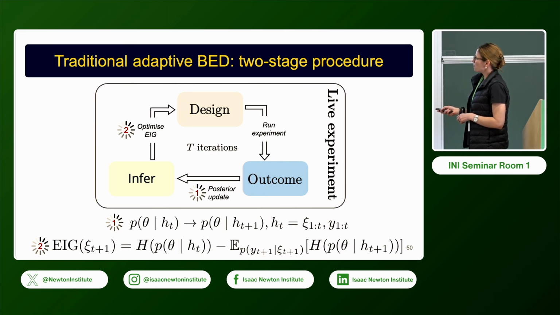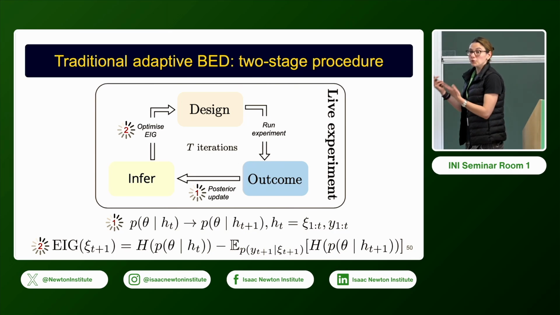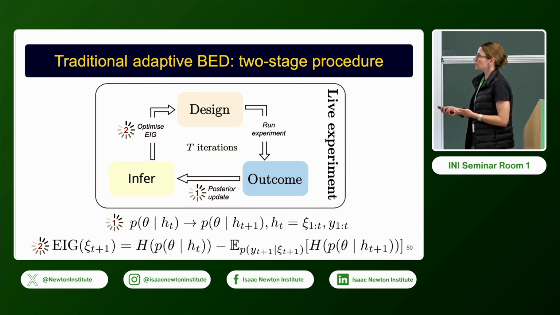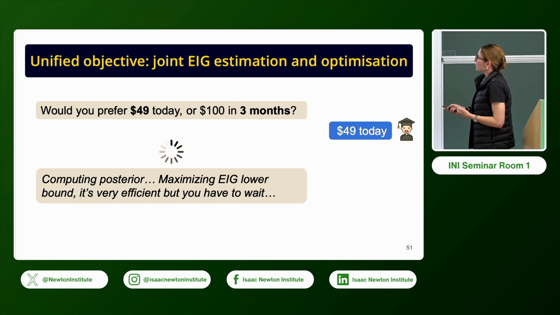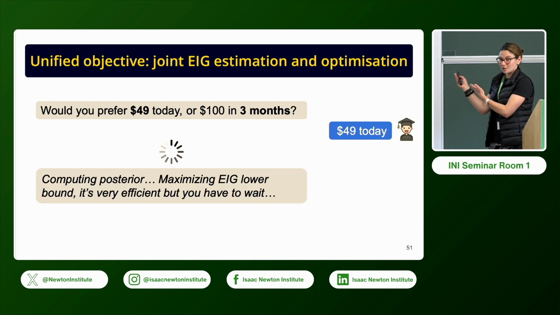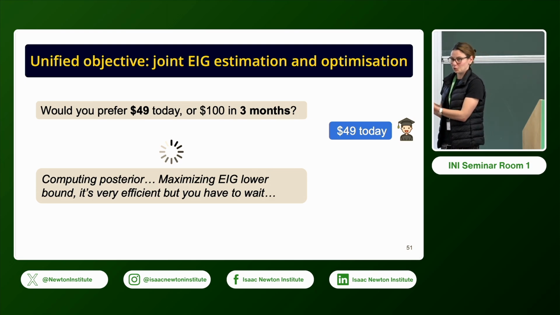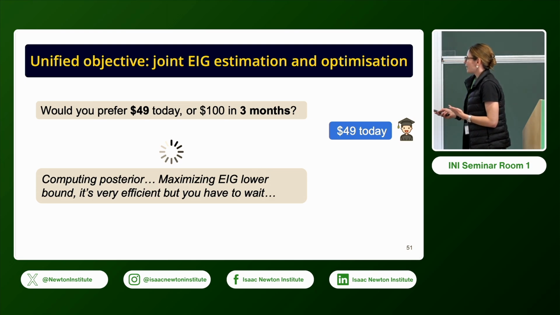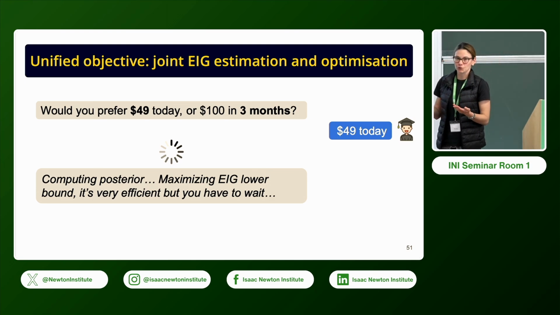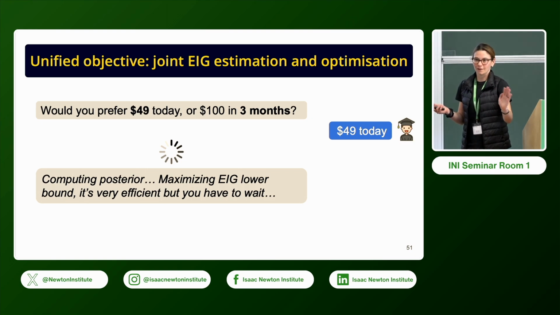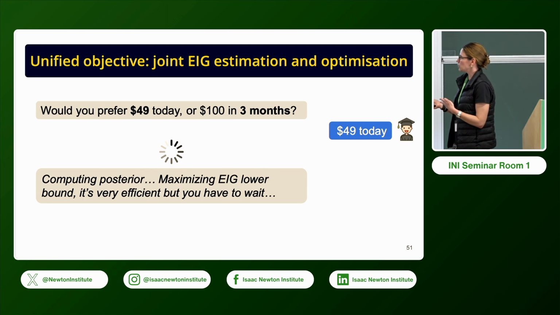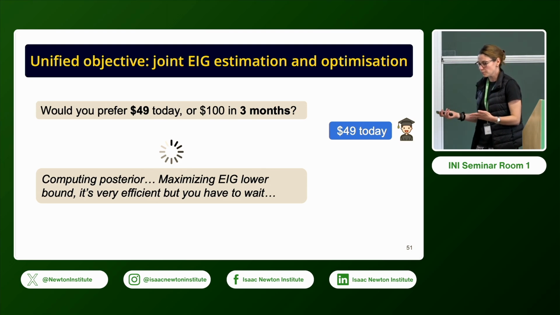So we have these 2 stages: posterior update and EIG optimization. And both of these steps are quite expensive, right? If you are running such an experiment with real human participants, it will be a little bit unfortunate if you tell them to wait for 5 minutes until your MCMC has converged and you have re-optimized your expected information gain. So what can we do about this?